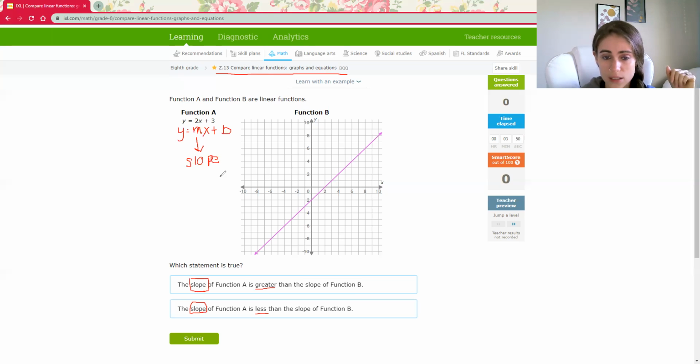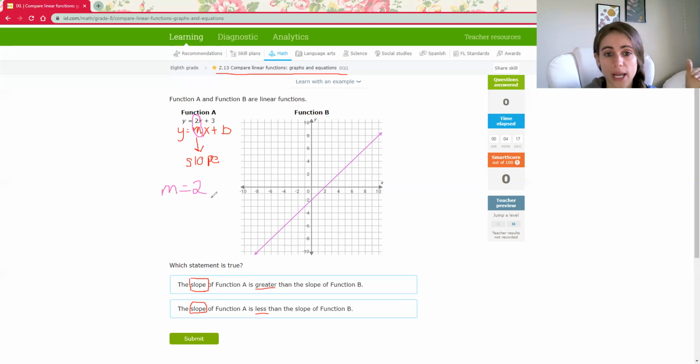Which means when it's in slope-intercept form, the coefficient of our x, so the number being multiplied by x, is our m, our slope. In this case, that means our m, our slope, is 2. So for function A, the slope is 2.